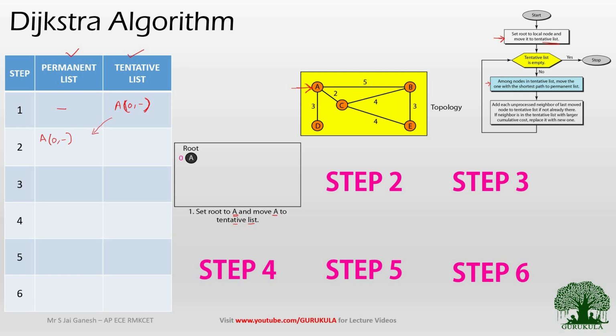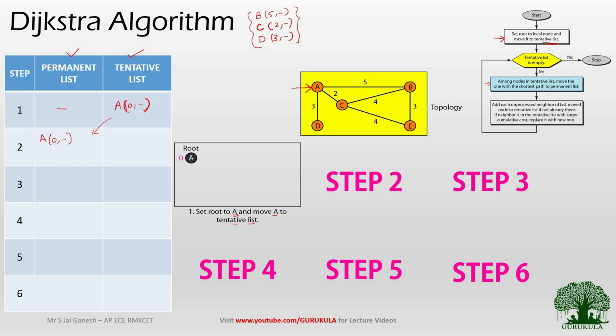Now let us identify the neighbors of A. A can reach B with the cost of 5 and it is directly connected. The second neighbor of A is C, and we can reach C with the cost of 2 and it is a directly connected node. And then we can reach D with the cost of 3 and it is a directly connected node.